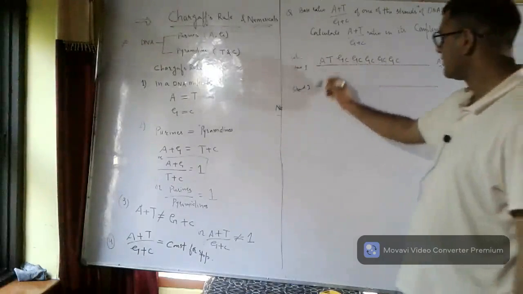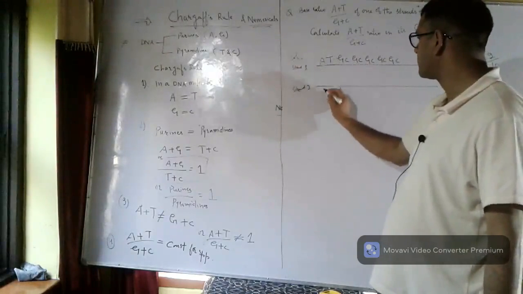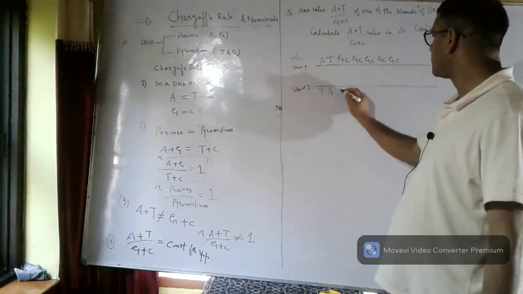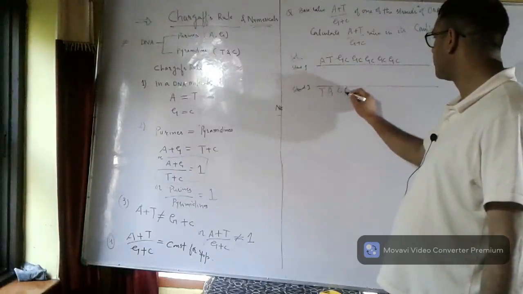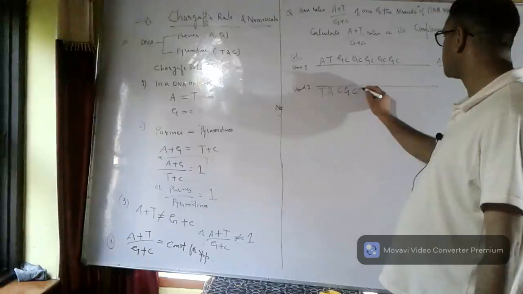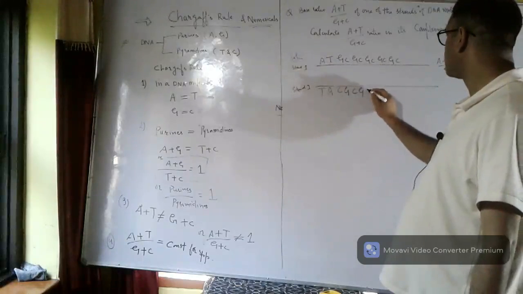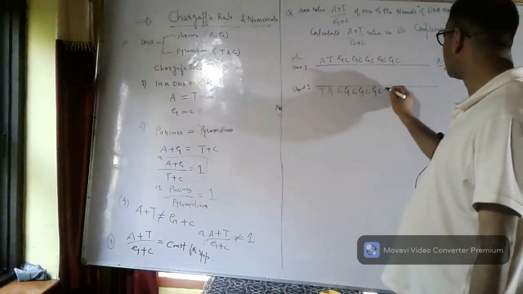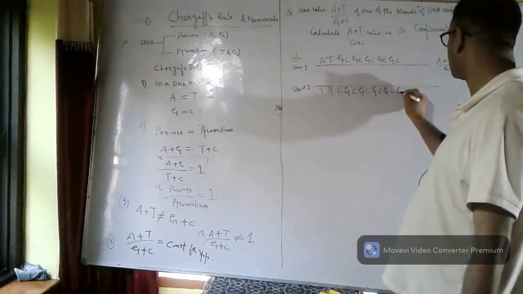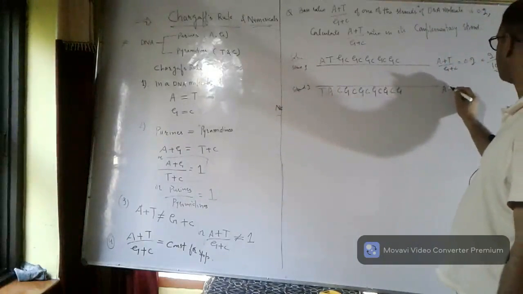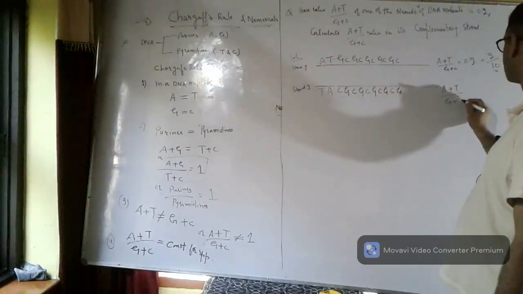Then in the other DNA strand, adenine pairs with thymine, thymine pairs with adenine, guanine pairs with cytosine, and cytosine pairs with guanine. Then we calculate the adenine plus thymine by guanine plus cytosine base ratio.